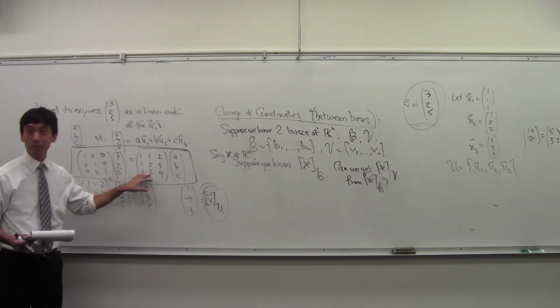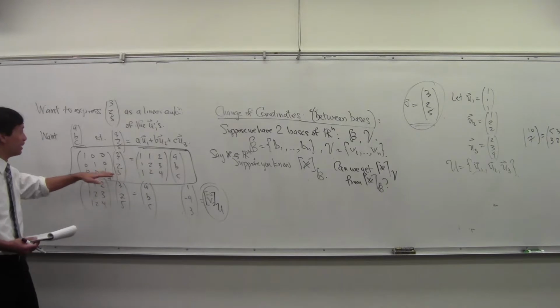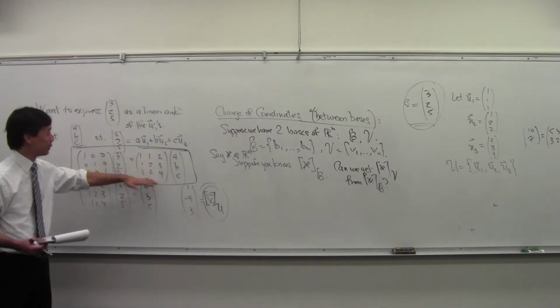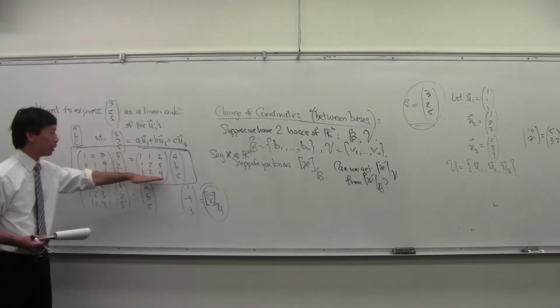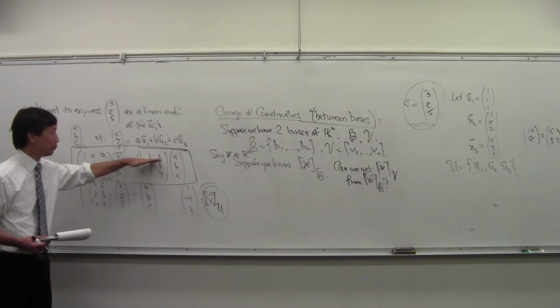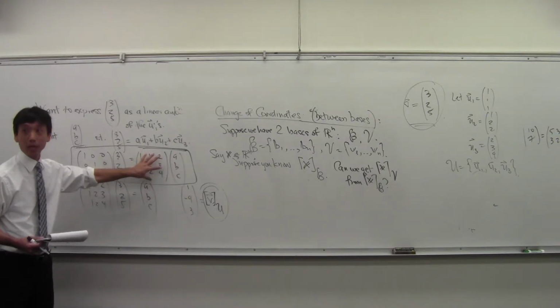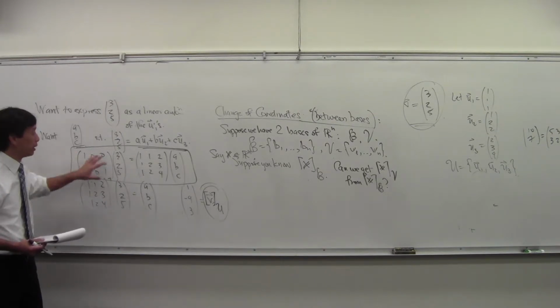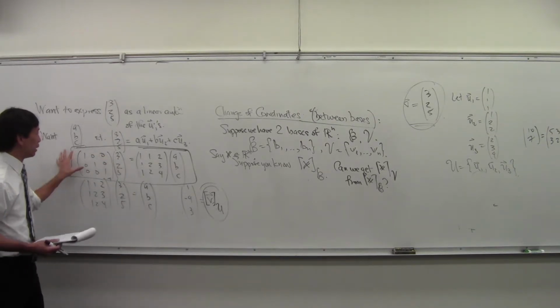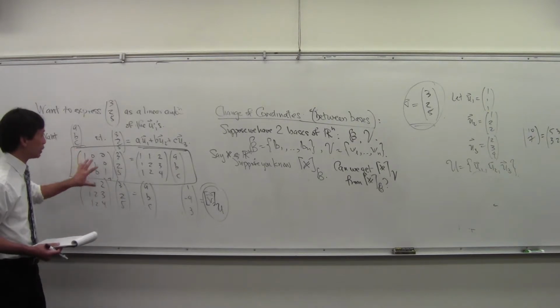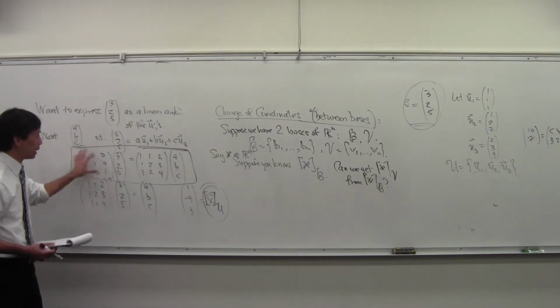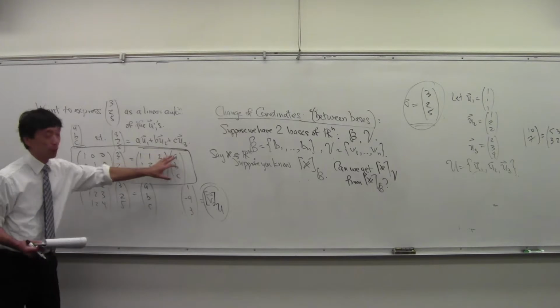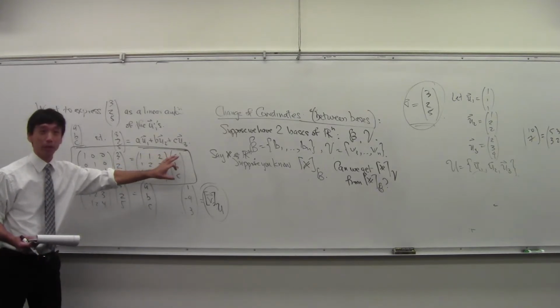Dan: Elementary row operations. Right, you could say, okay, let's reduce, but maybe more simply, you'd say, I'm going to invert this matrix and multiply on the left by it. Multiplying on the left by this inverse matrix gives me the coordinate vector over there.